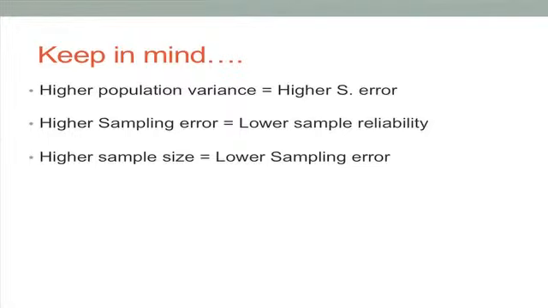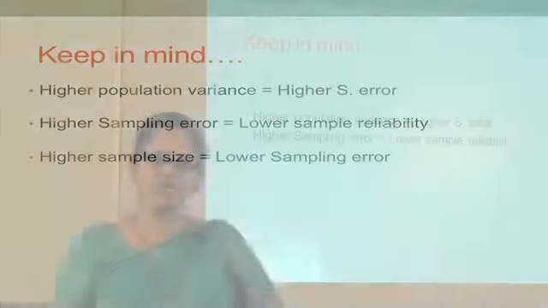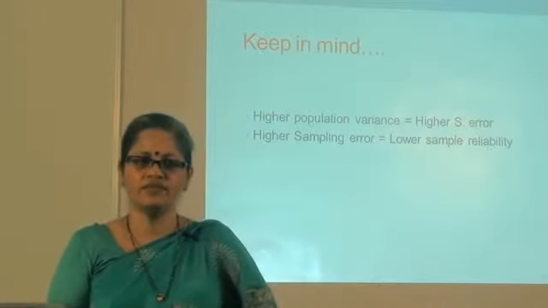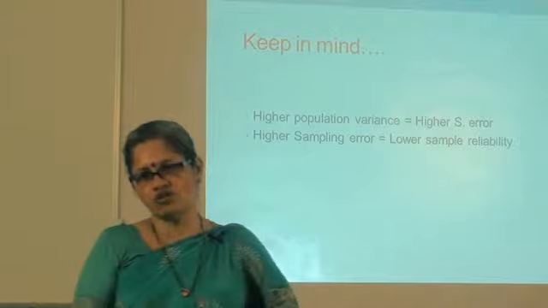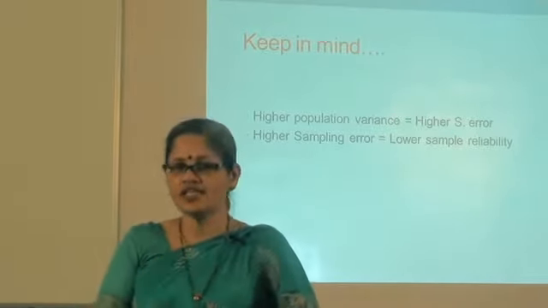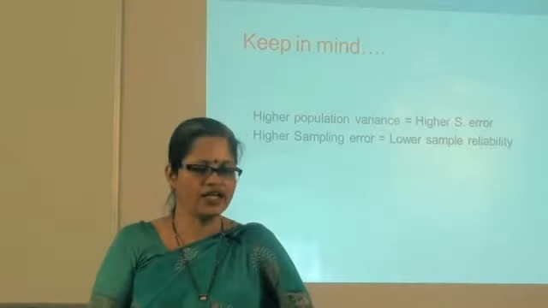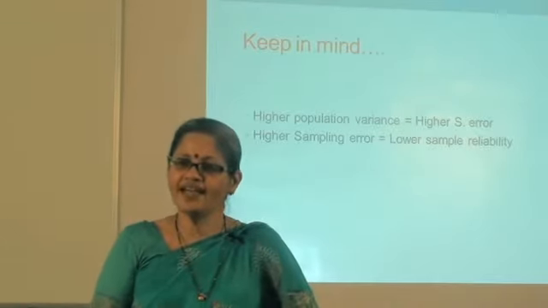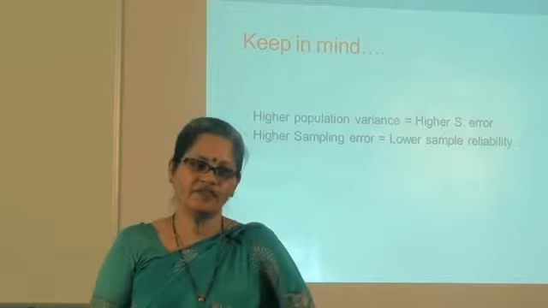High sampling error, low sampling reliability. What does that mean? Reliability talks about getting the same result again. So if I am selecting one sample today and I get some generalization or some solution based on that sample, and if I select one more sample from the same population, I may get different findings.